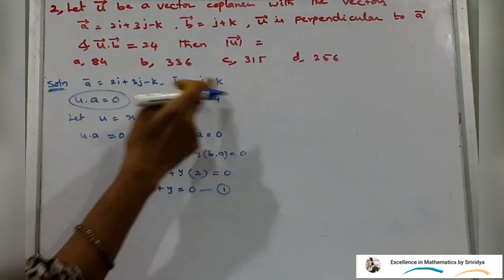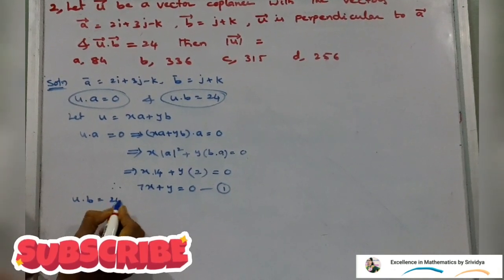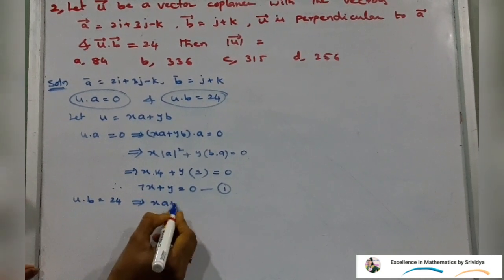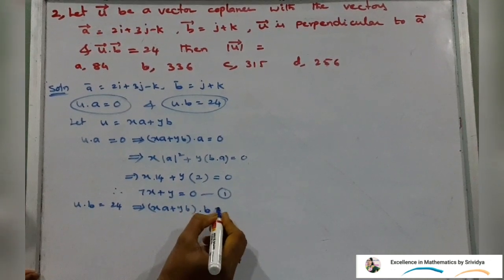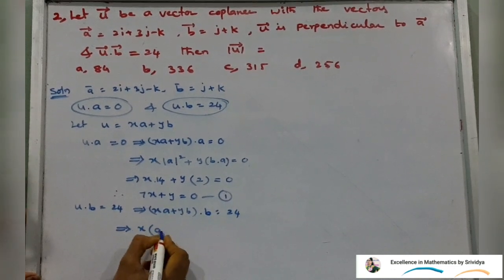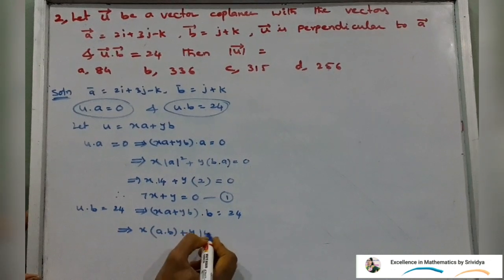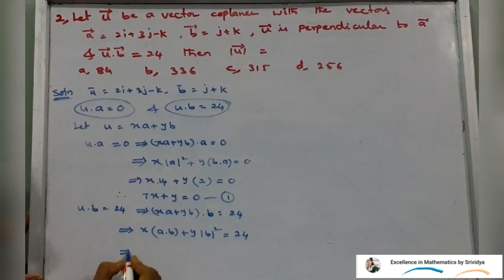Next, since u dot b is equal to 24, u is again xa plus yb dot b is equal to 24. This implies x into a dot b plus y into b dot b, which is mod b square, is equal to 24.